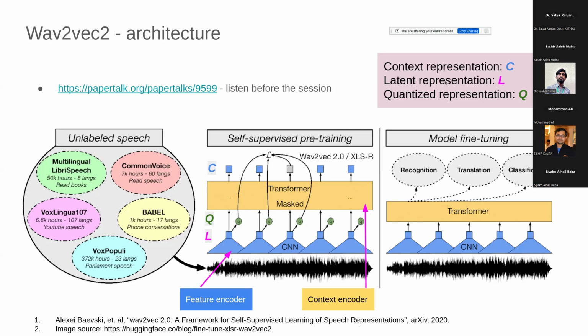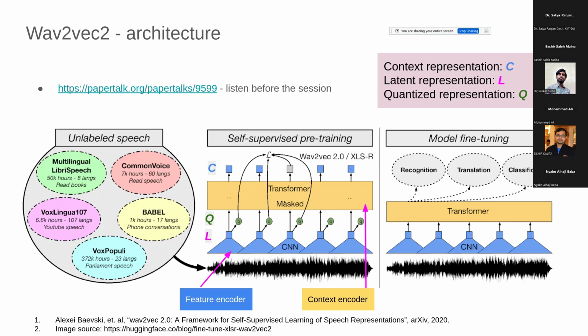This is called latent representation error here. So this Q is quantized. For example, these different layers are there for the different channels, for example the CNN. This latent representation will go to this transformer layer and it will get some context representation. Like that it will go.